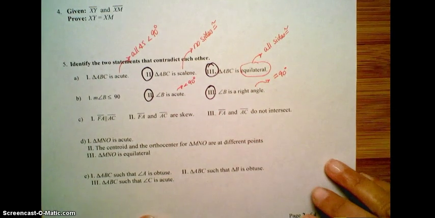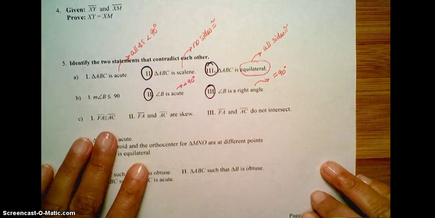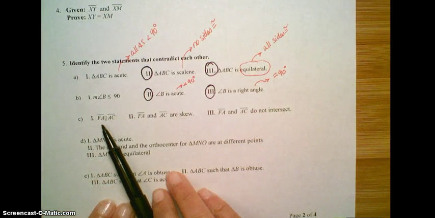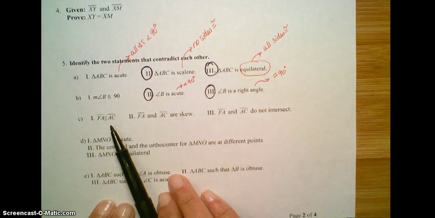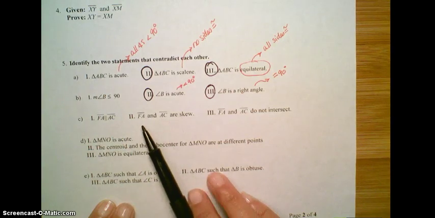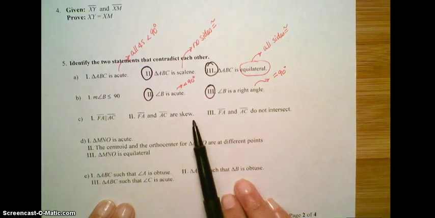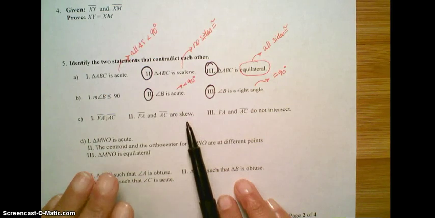Okay, we'll do one more of these. Let's go ahead and take a look at statement 1. It says segment FA is parallel to segment AC. Great. Parallel means you are in the same plane and you never intersect. Statement 2 says segment FA and segment AC are skew. But skew means you're not in the same plane and you also do not intersect.